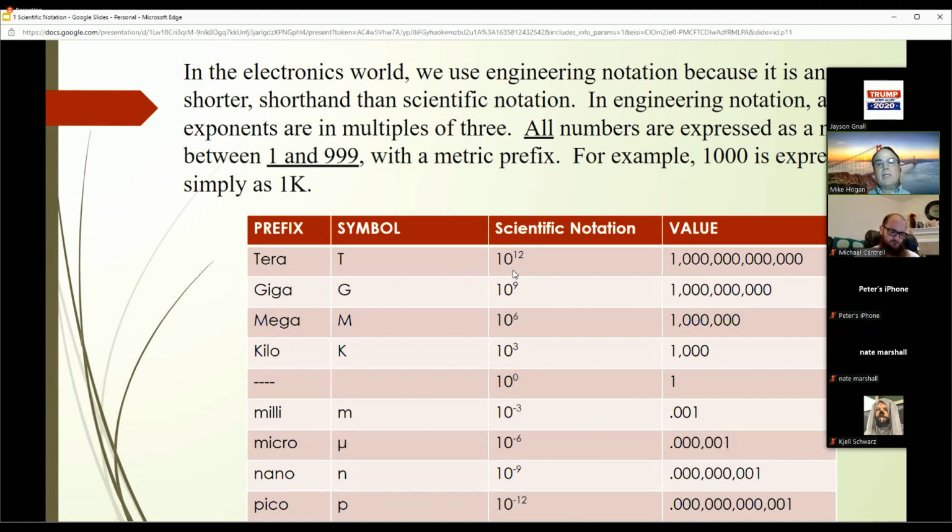What understanding scientific notation, and then also connecting it to the prefix, and finally the symbol, allows us to do is share a whole lot of information in a very compact way, right? I can talk about, if I had a resistor and it was, let's just say, 3.7 mega ohm.